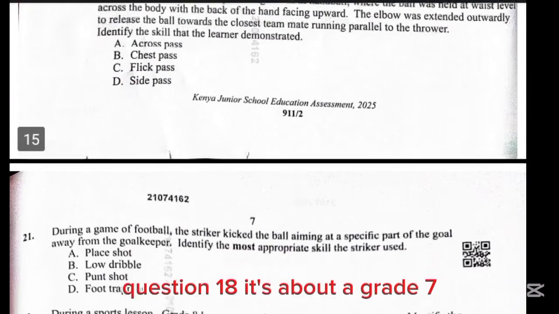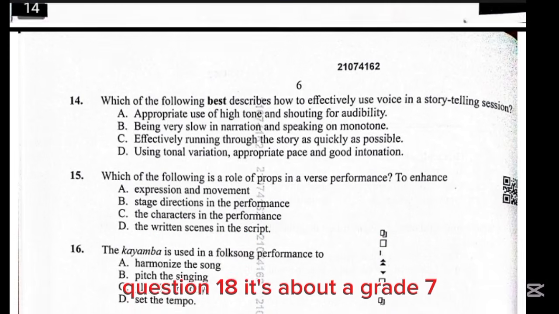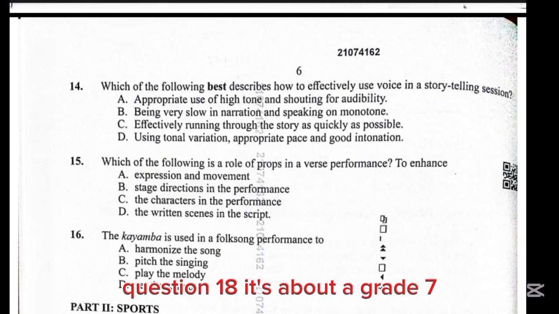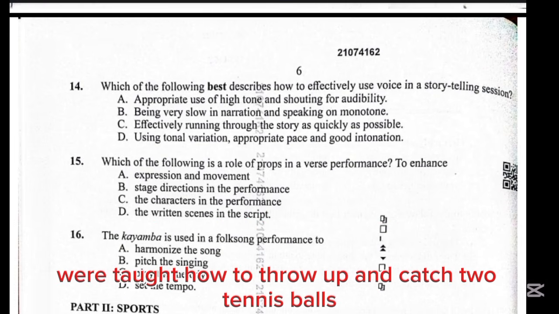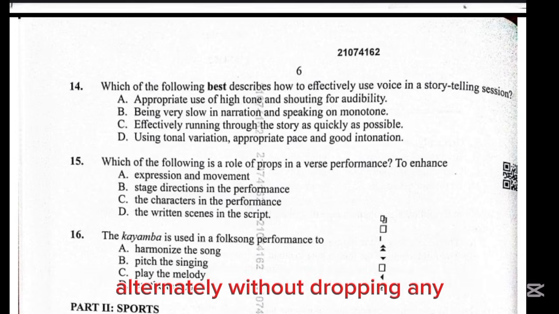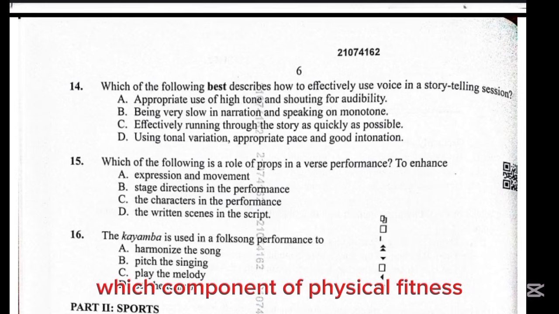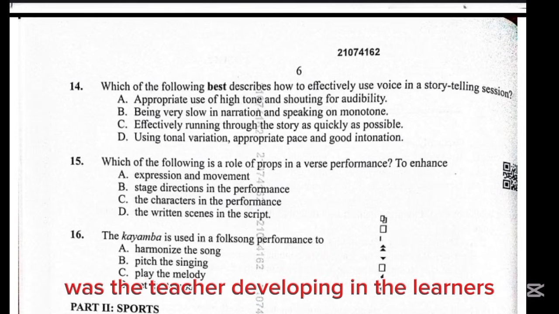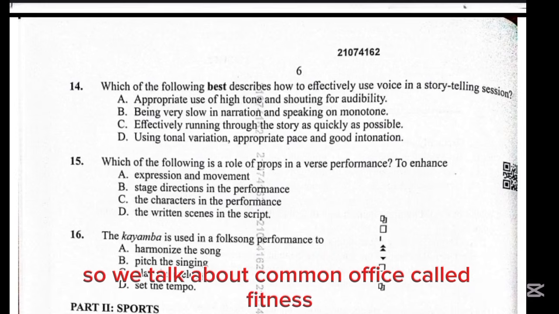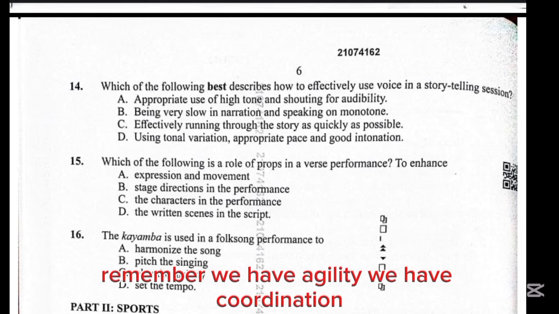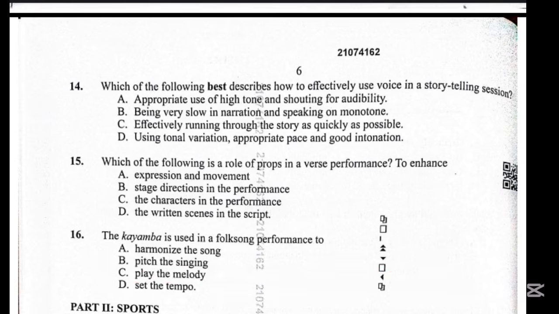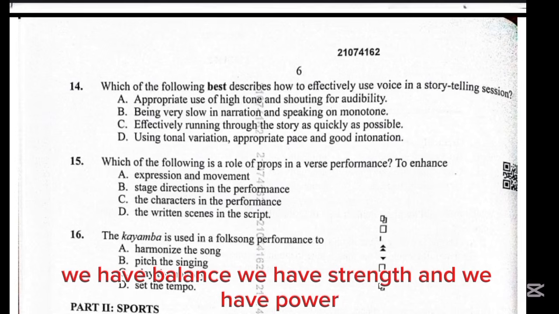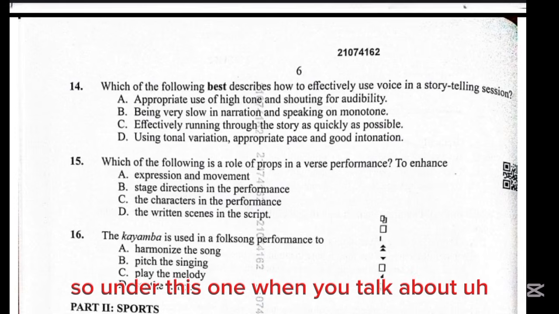So, question 18 is about grade 7 learners who were taught how to throw up and catch two tennis balls alternately without dropping any. Which component of physical fitness was the teacher developing in the learners? So we talk about components of physical fitness. Remember, we have agility, coordination, balance, strength, and power.